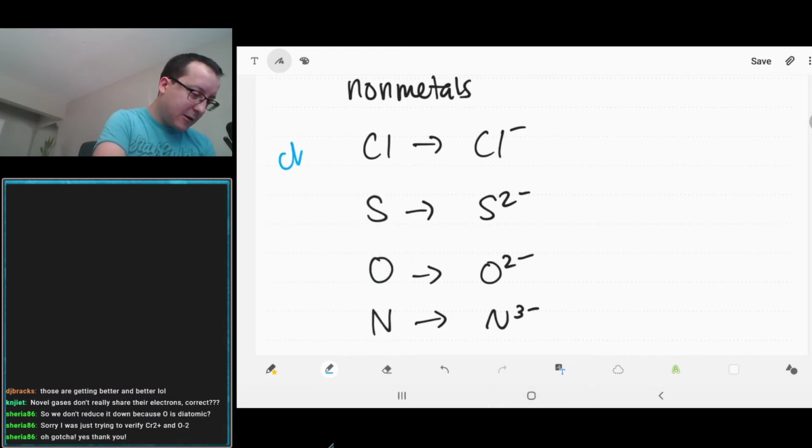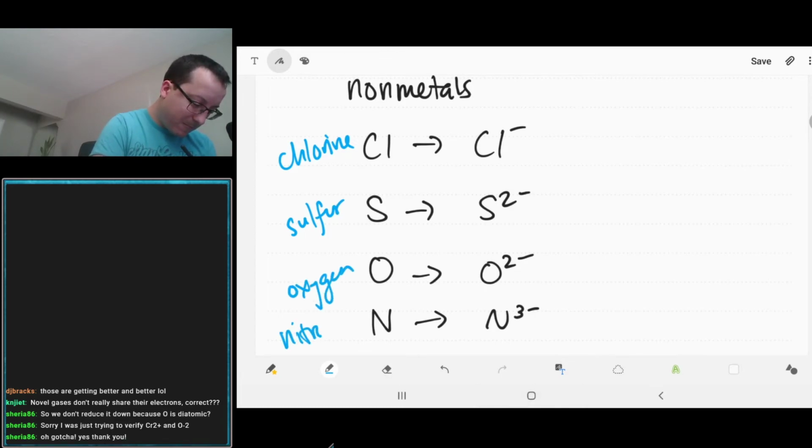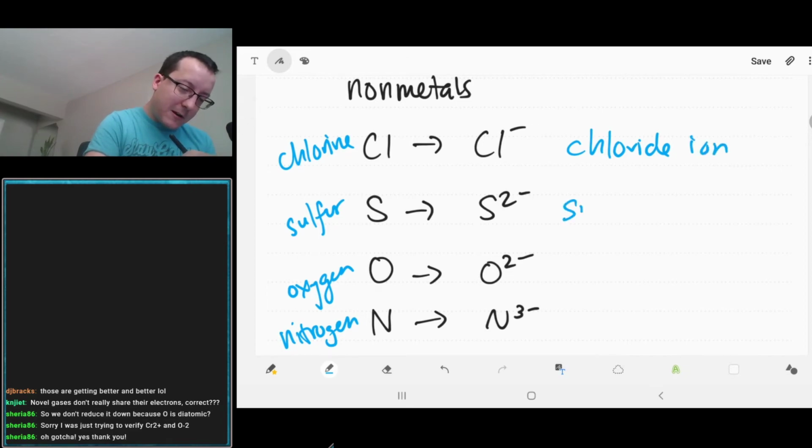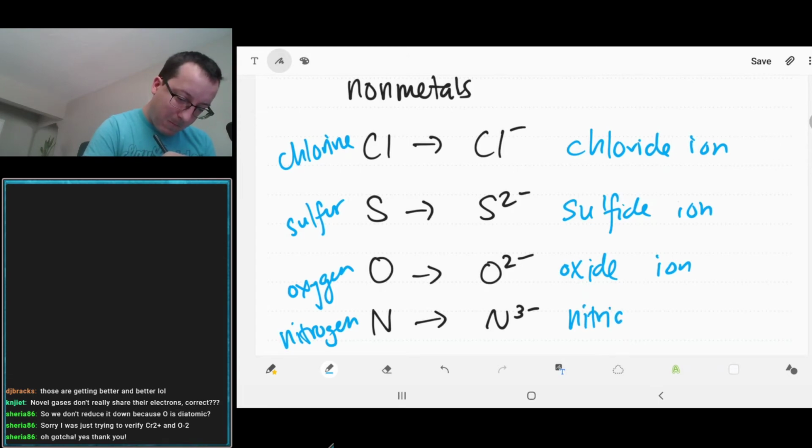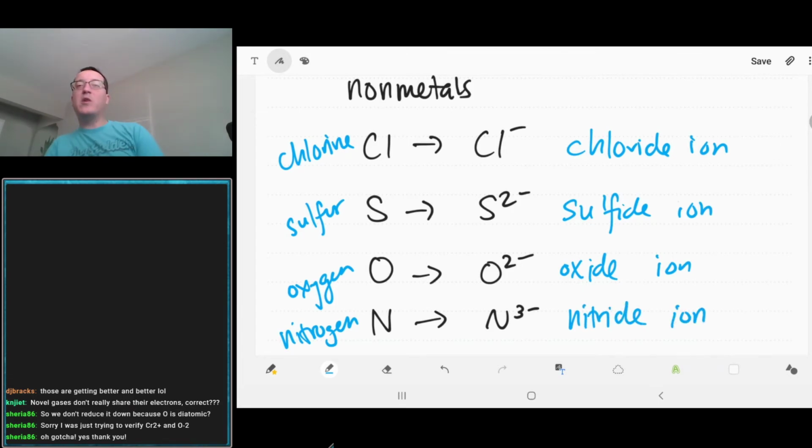These are chlorine, sulfur, oxygen, and nitrogen. Notice these, we do change the name a little bit. Whereas with the metals, if sodium became charged, we just call it sodium ion, or barium, a barium ion.